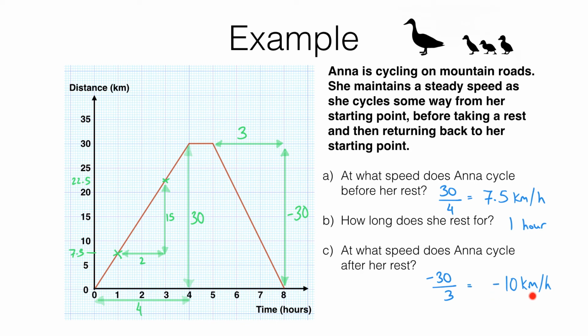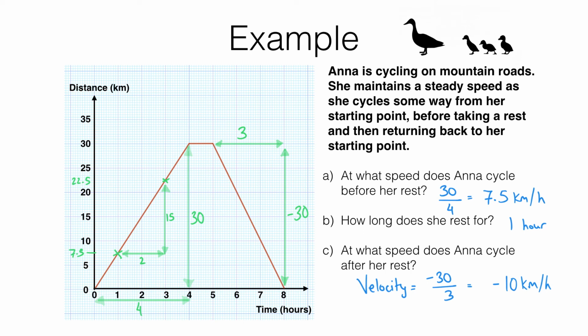Now, what we've actually worked out there is something called the velocity. The velocity of an object is simply its speed in a particular direction. So when you see a negative sign in a velocity, what that means is that it is traveling in the opposite direction to what it would be if it had a positive sign, like up here.